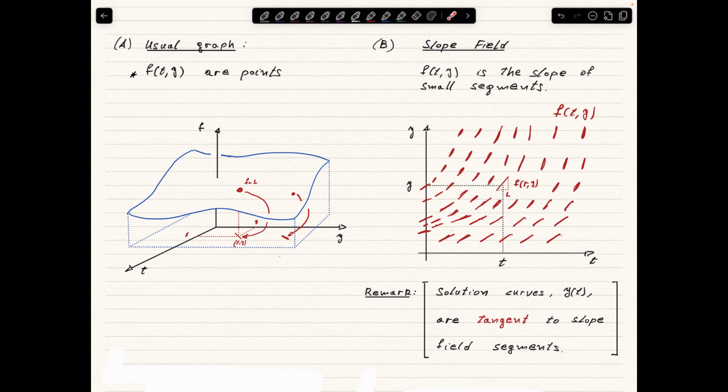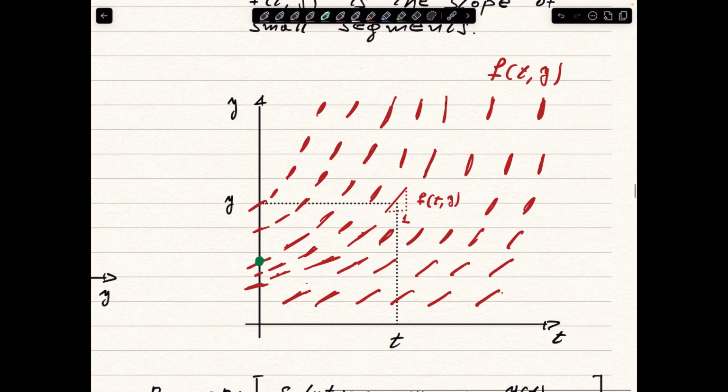But if we do that, then any solution of the differential equation with this right hand side is going to be tangent to the slopes of the field segments. For example, if I put initial data here for the differential equation, then the solution has to be tangent to this little segment.